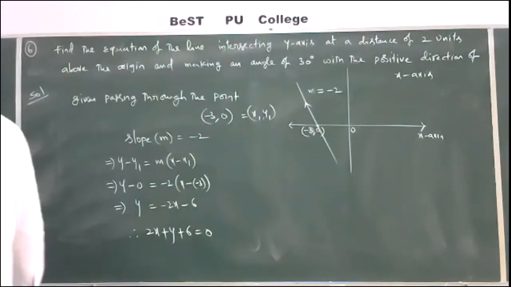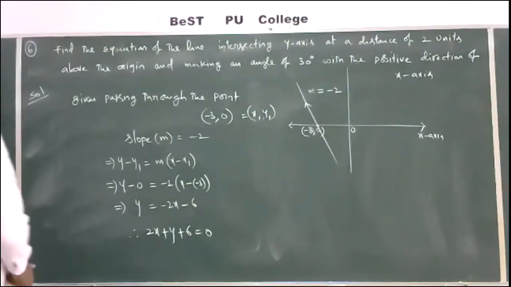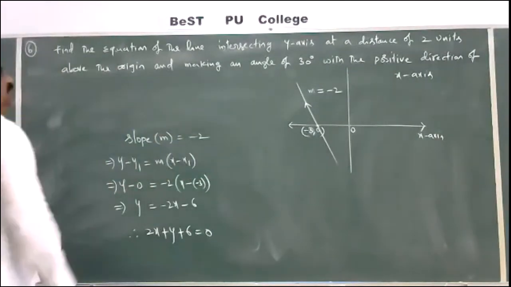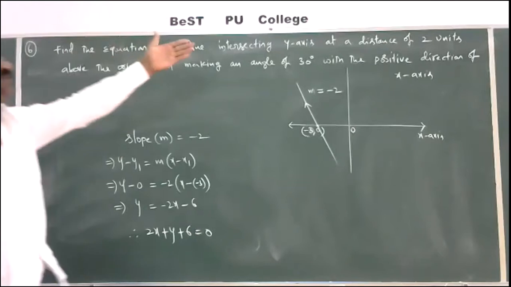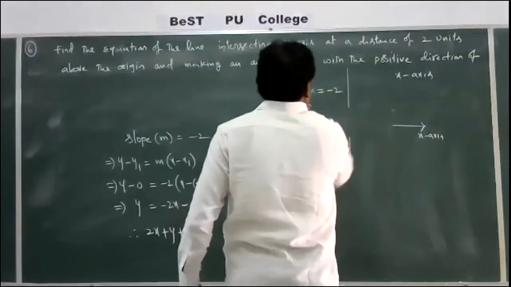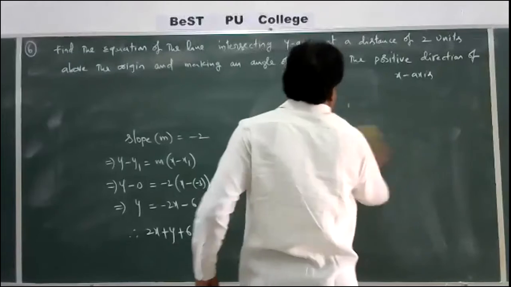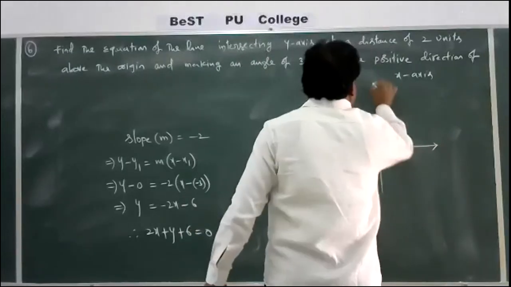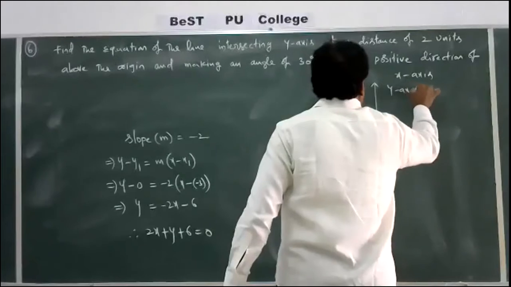Simple. The y-intercept is given. Find the equation of the line intersecting the y-axis at a distance of 2 units above the origin. 2 units above the origin, that is upward direction. For example, this is the coordinate axis, this is the y-axis.